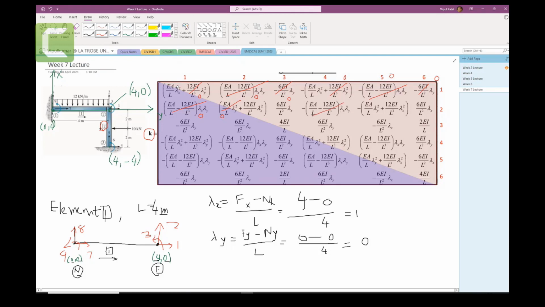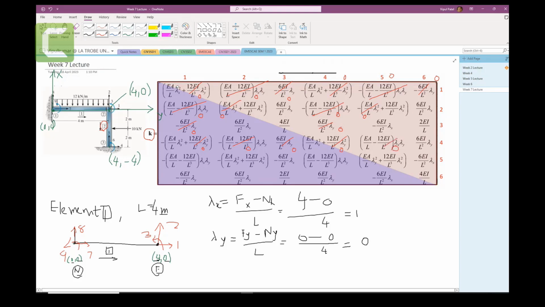Lambda x is what we needed. If we don't have 0, we can put in the values.